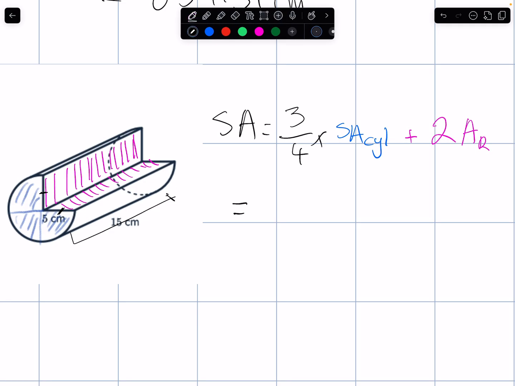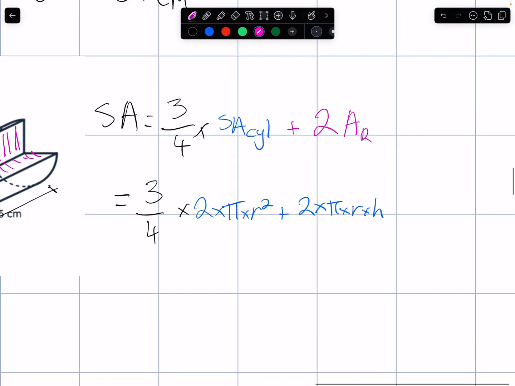Here, this is equal to 3/4 times the surface area of a cylinder, which is 2 times pi times r squared plus 2 times pi times r times h, plus, we've got to remember, our 2 times the length times the width of our rectangles.